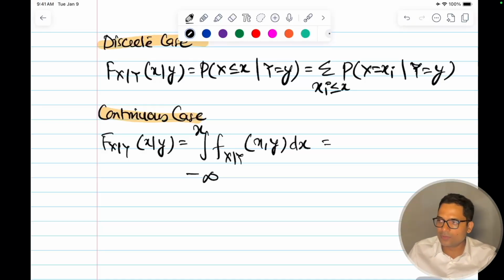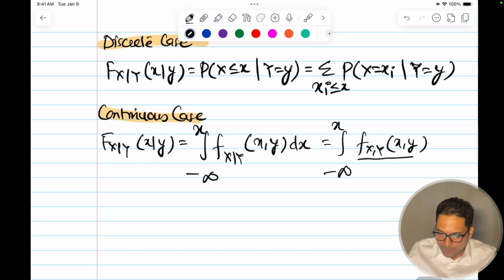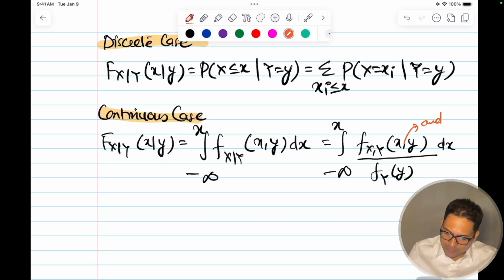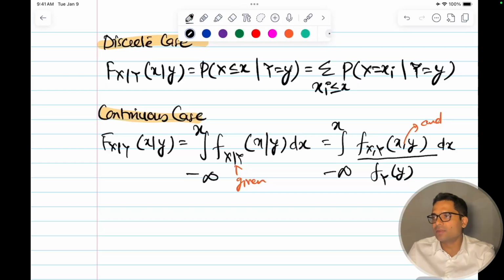Let me expand it and put the conditional value: the integral from minus infinity to x of f of x comma y by f of y, dx. Remember this comma, and this is given. Let me correct this notation also. This will be x given y.